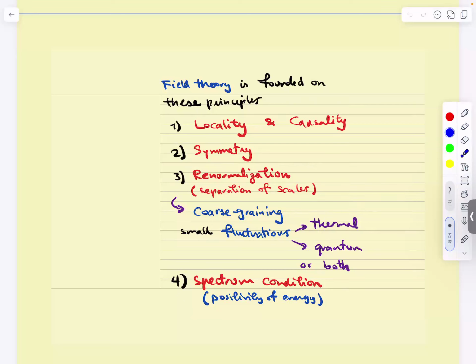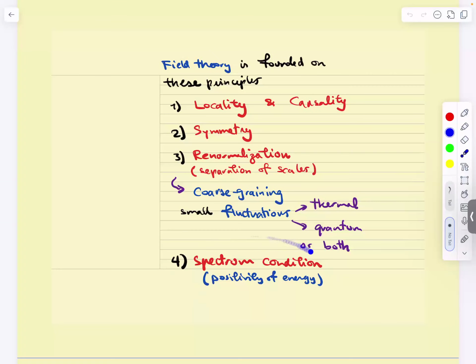The idea here is that quantum fluctuations are replaced by thermal fluctuations. And once again, there is a similar structure: there will be loop integrals and Feynman diagrams for statistical field theory, and the same story goes along. All right.